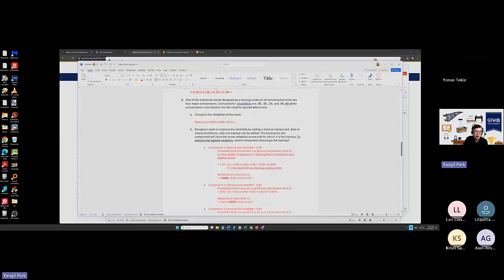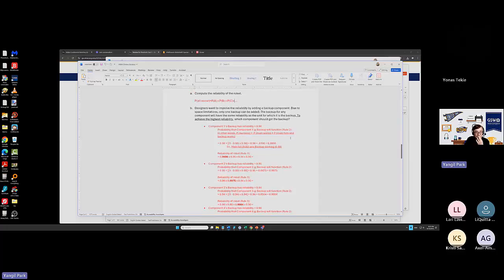Then you just multiply all the reliabilities. Pretty straightforward, because there are no other options attached, like a backup or failure. But questions B and C have some options, so you need to pay attention. They want to add a backup just in case.